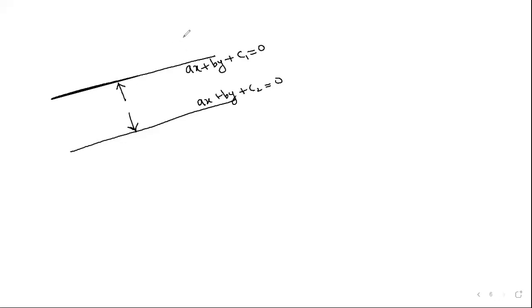Okay, since you don't have an idea, I'll tell you the idea. I'm taking a point on this line, so I can calculate now this distance. It will be A into alpha plus B into beta plus C2 divided by root of A square plus B square. Do you agree with the statement? Yes, sir.